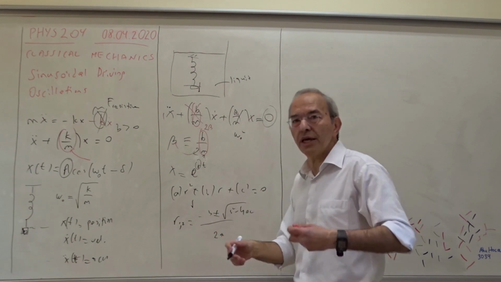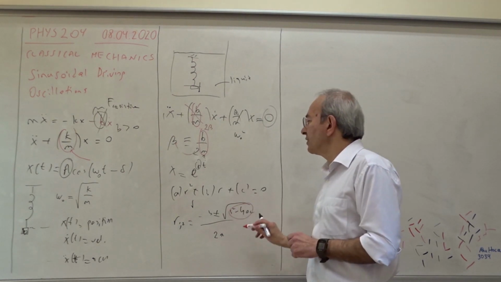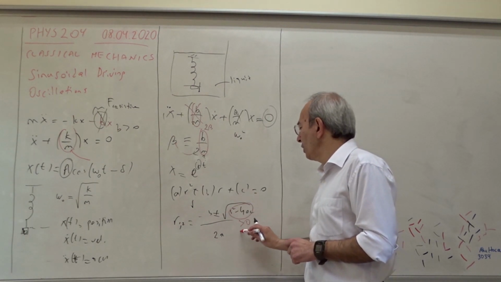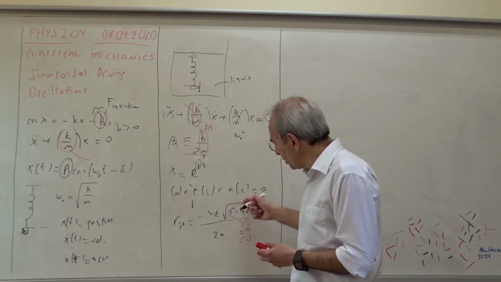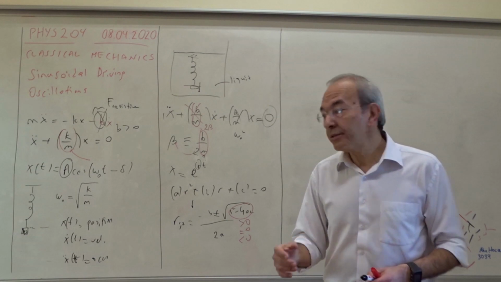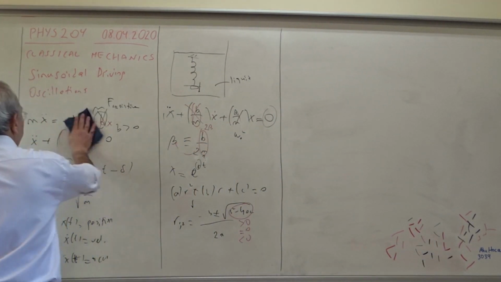Then we obtain three possibilities depending on what we have inside the root: is it greater than 0, equal to 0, or less than 0? And according to these different results, we obtain different functions for the solution.